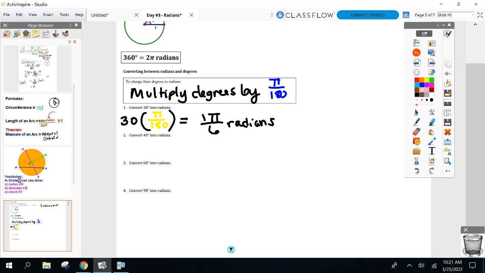One doesn't make you great. 45 degrees. 45 degrees in radians. Multiply it by pi over 180. Again, leave the pi in your answer. And go ahead and reduce 45 over 180.